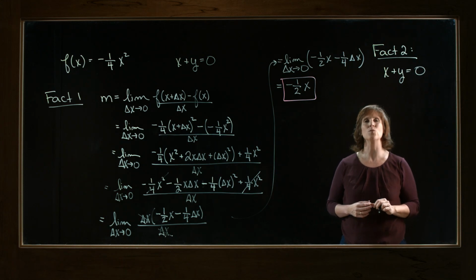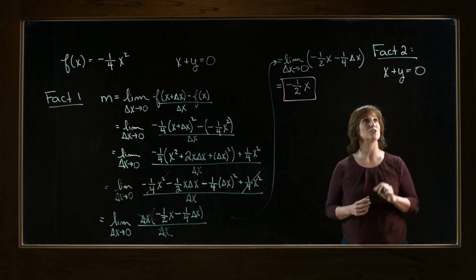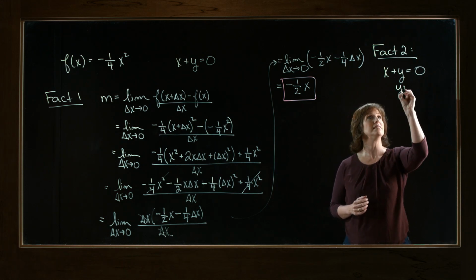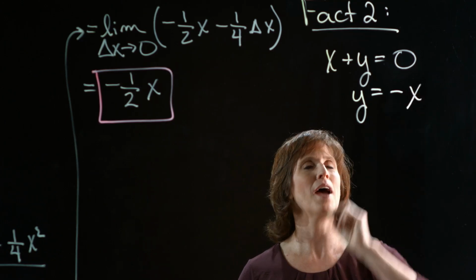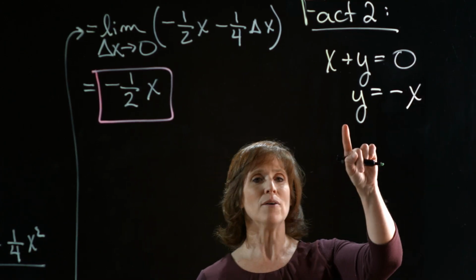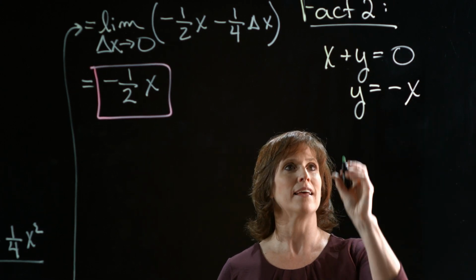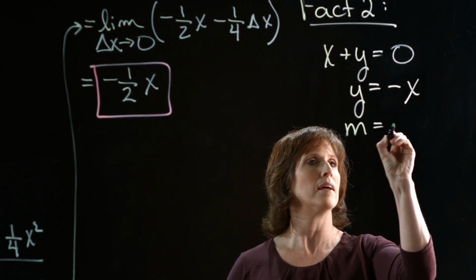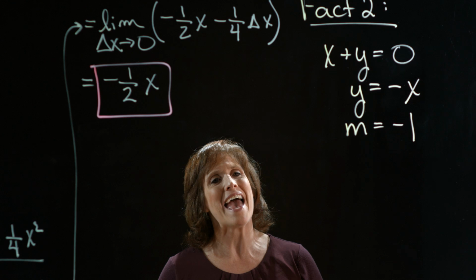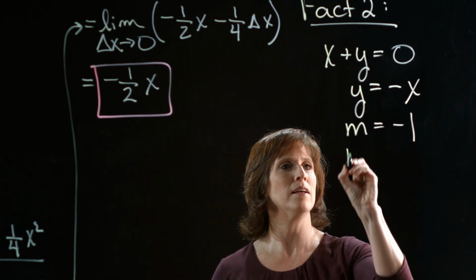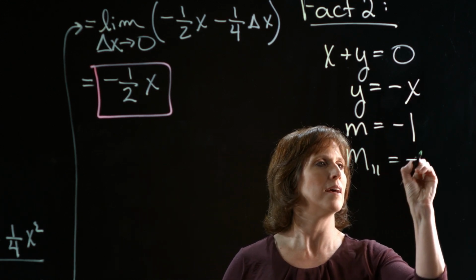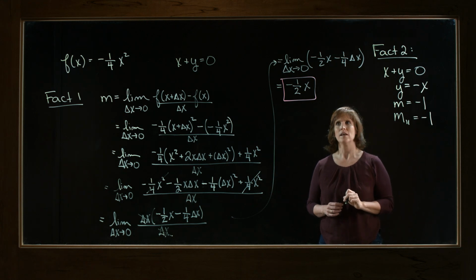It'll be very easy to read off the slope if I just put it into slope-intercept form, which means all I have to do is subtract x from both sides. Now it's in the form y equals mx plus b, so the slope is -1. And the slope of any line parallel to this one will also be -1.